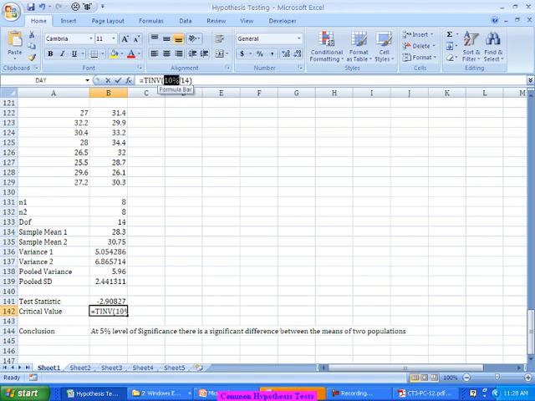and the critical value is also taken with respect to two tails. So I'll take this as 5% here. Based on this, it comes out as plus or minus 2.14. What that means is, if the test statistic is outside plus or minus 2.14, then we say that it is in the critical region and the null hypothesis can be rejected.